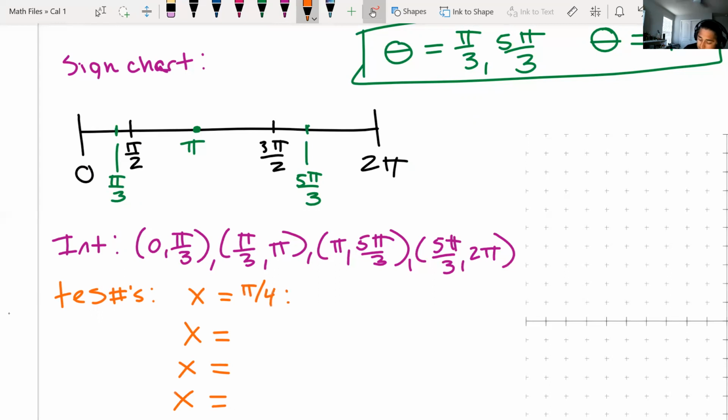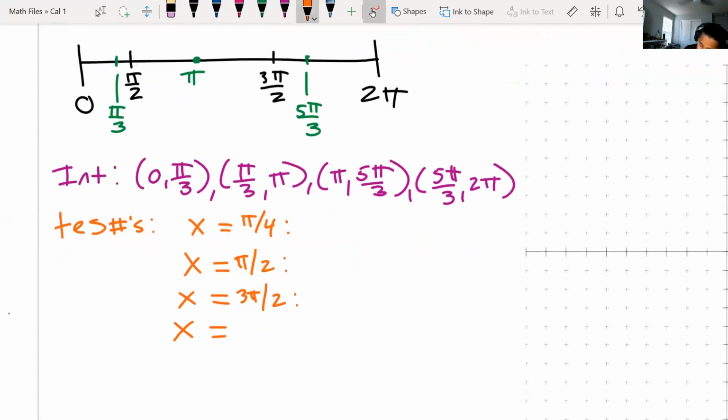And then pi over 3 to pi, we can choose pi over 2. And then pi to 5 pi over 3, we can choose 3 pi over 2. And 5 pi over 3 to 2 pi, we can choose 7 pi over 4. And this is going to be plugged into the second derivative.